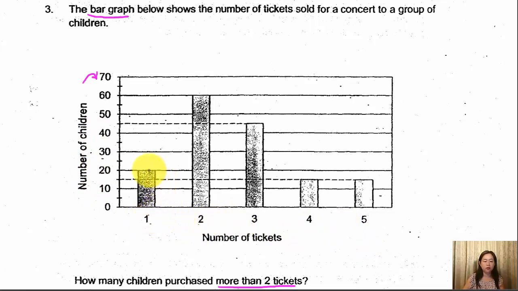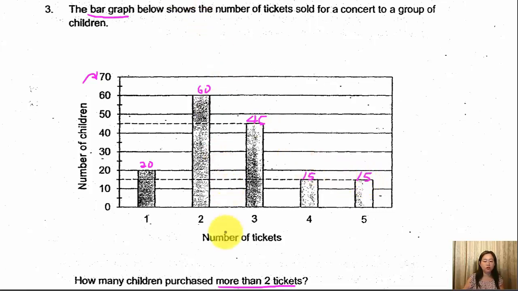So here, the number of children is actually 20. Here it will be 60 because we follow the line and look at the vertical numbers here. This will be actually half of 40 and 50, and this will be 45. This is actually 15, and this is also 15.